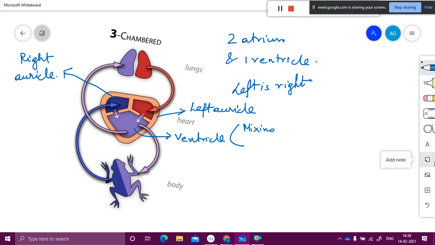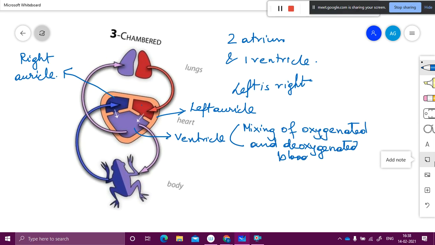You have a mixing of oxygenated blood. So the ventricle pumps the blood throughout the body.